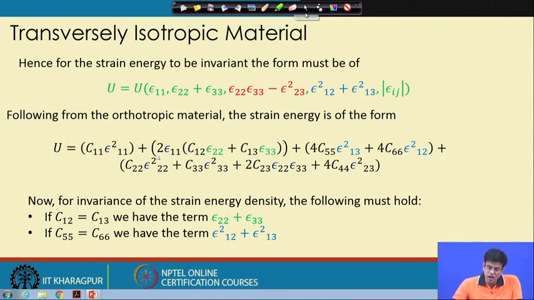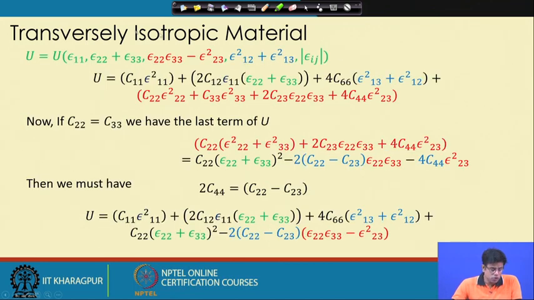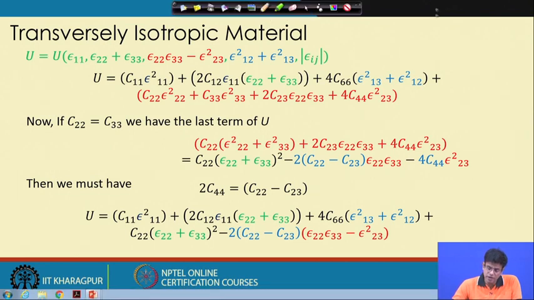Let us go to the next slide. So, this was my condition. Here what I have done is I have incorporated these two previous conditions, C12 equals C13 and C55 equals C66.